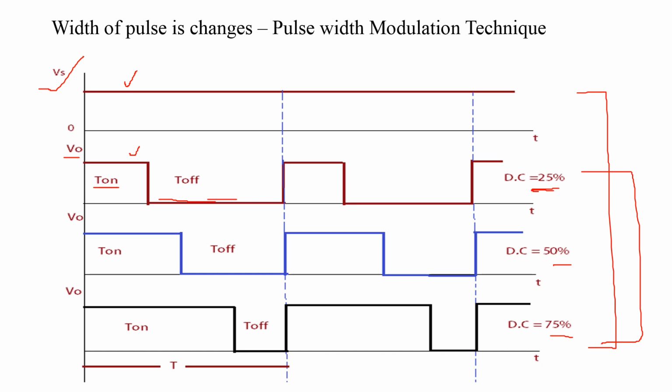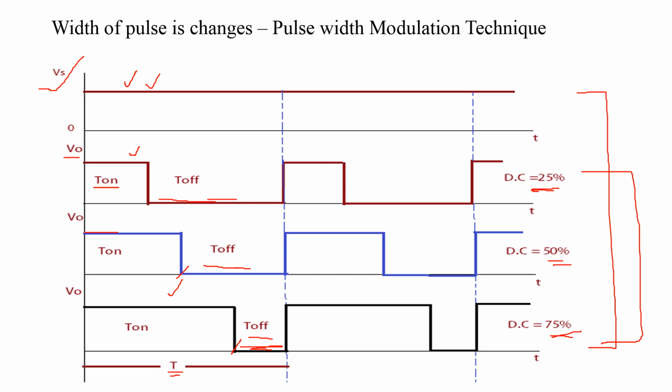Similarly, if we decrease the duty cycle to 50%, then up to 50% of the total time period we get the output voltage which is the same as the input voltage, and for the remaining 50% of the time period the output voltage becomes 0. Similarly consider duty cycle of 25%. In this case, up to 25% of the duty cycle we get the output voltage, and for the remaining 75% we get 0 output voltage.